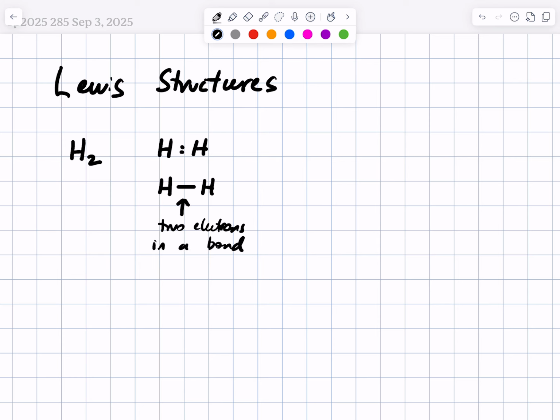A single bond we're generally going to give the name sigma, not because it's so awesome, though I really don't understand that. Somebody's going to have to explain that to me at some point. Generally, a single bond we're going to call a sigma bond, and we'll use the Greek letter sigma to represent that. When you see the straight line, that just means 2 electrons shared in a covalent single bond.